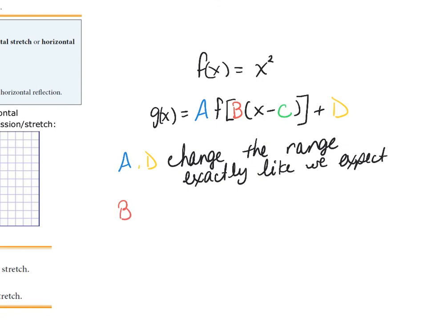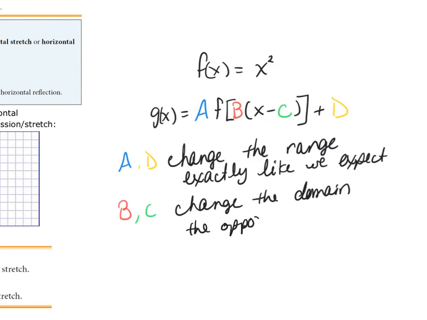But b and c change the domain the opposite of what we expect. So this is the way I think of it. This is how I explain the whole domain and range. What do I expect?